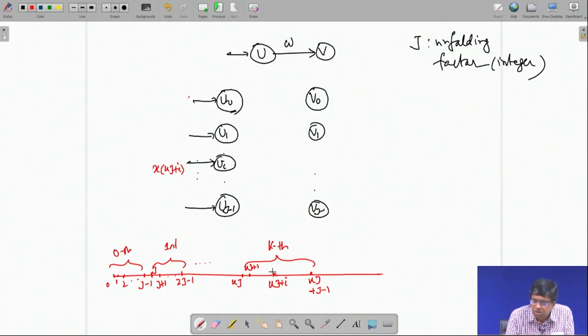So, I count like this: 1, 2, dot dot dot. Essentially, I count kj plus i plus 1, kj plus i plus 2, kj plus i plus 3, like that I have to count W number of cycles. So, basically from this point I will be jumping to the right by W number of input cycles.